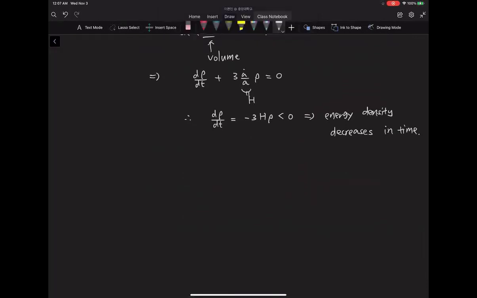Now we are going to discuss what determines the evolution of the scale factor. There are two equations to determine the evolution of the scale factor.